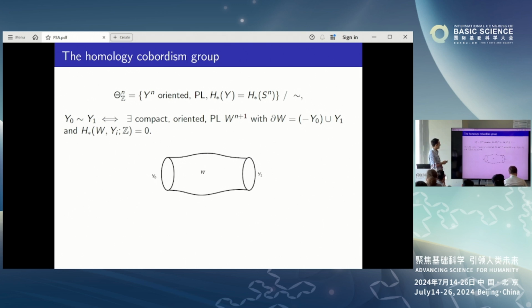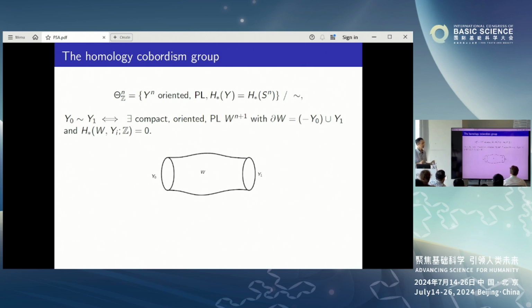where two manifolds are equivalent if they bound a cobordism, so a manifold one dimension higher, which I drew here as a W. It has one boundary at Y0 and one at Y1. Also, everything is oriented, and this is a homology cylinder in the sense that the relative homology of W with respect to either boundary is 0.